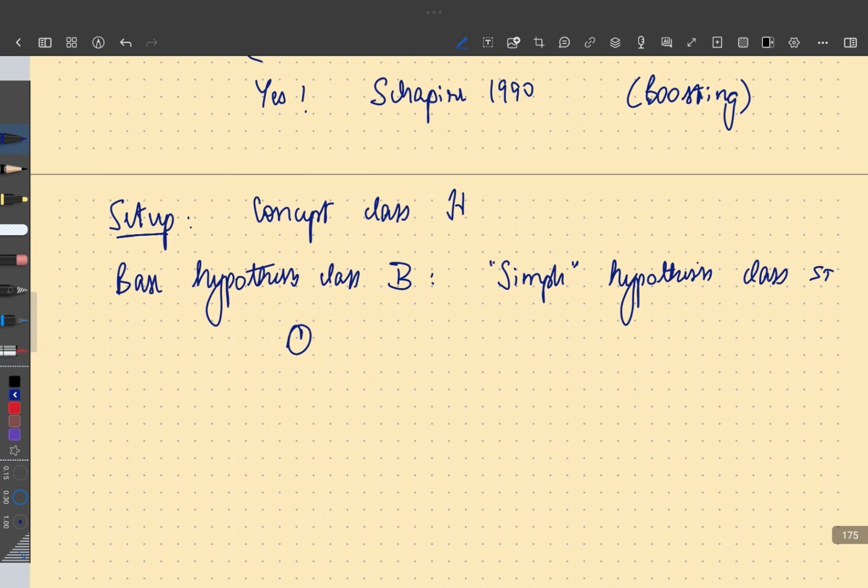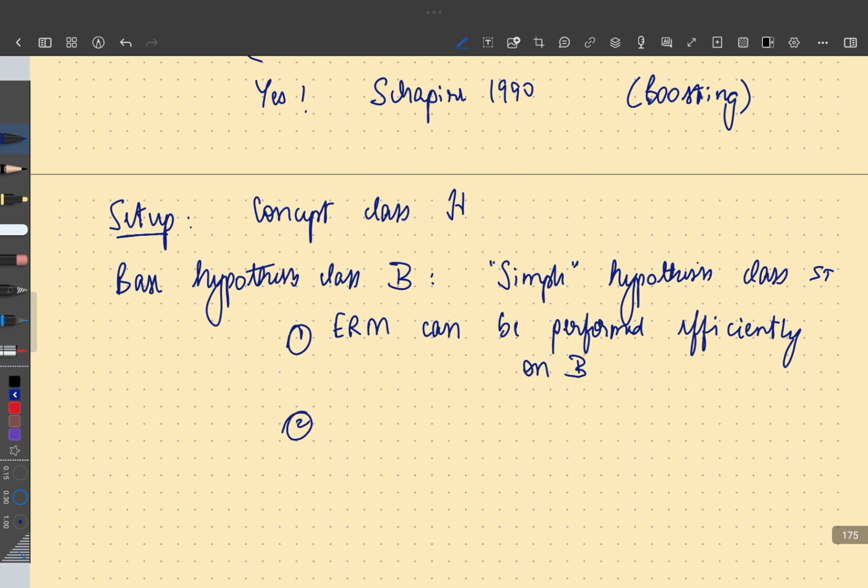One, I can do ERM very efficiently on this base hypothesis class. It doesn't necessarily have to be ERM, but there has to be some learning algorithm that I can run over this base hypothesis class. But typically we look for hypothesis classes over which ERM can be done efficiently.